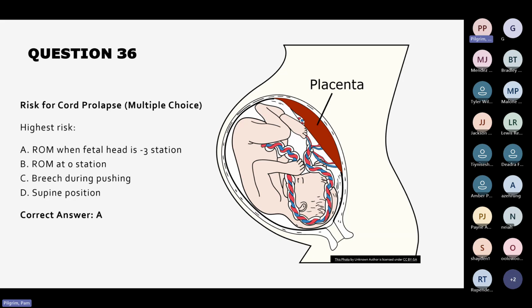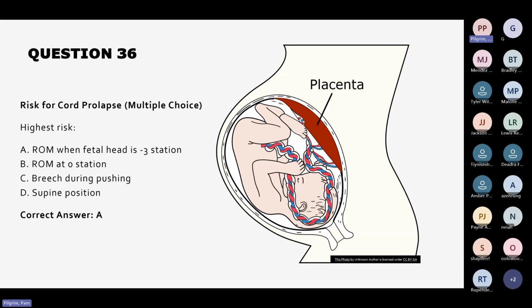The answer is A. And that's rupture of membranes when the baby is still that high, leaves space for the cord to come down before the head. And that's why the answer is A on this. The rest of these, ruptured membranes at zero station, the baby's head is down at the ischial spines. And so there's not as much room for the cord to come through when those membranes rupture.